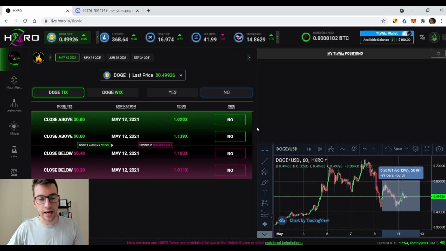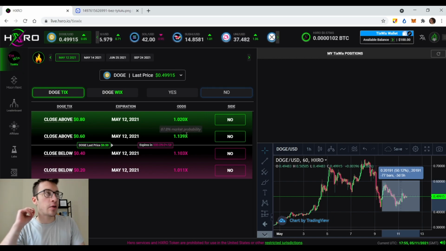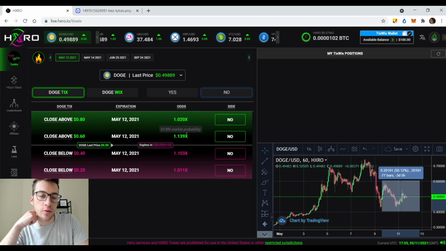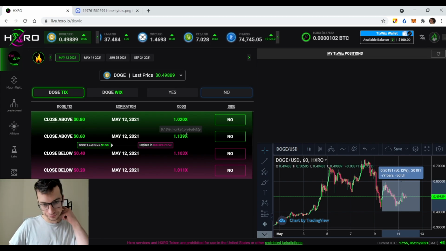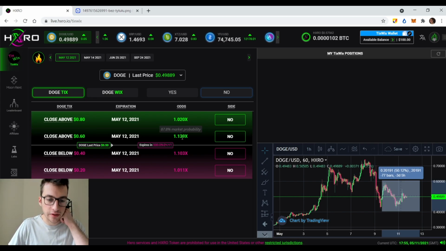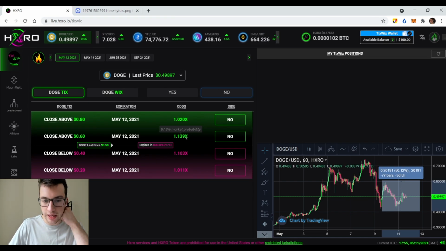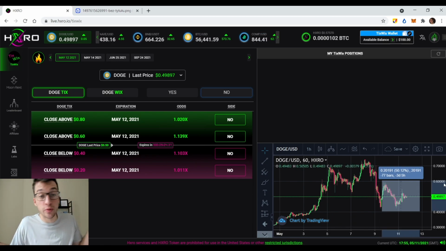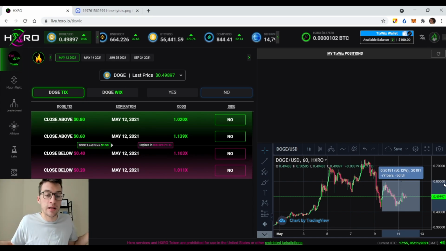So how do I know that? How do I do this really? Well, we need to calculate what percent of the time we need to be correct for this to be a profitable play, which is the break even expected value calculation. Let's go over how to do that. To do this simply, what's the payout if price closes between 40 cents and 60 cents in 9 hours?